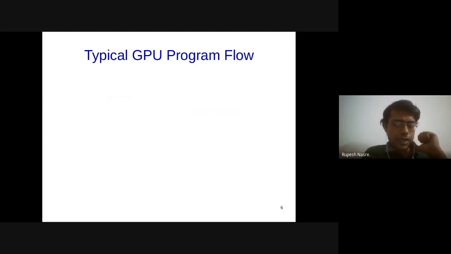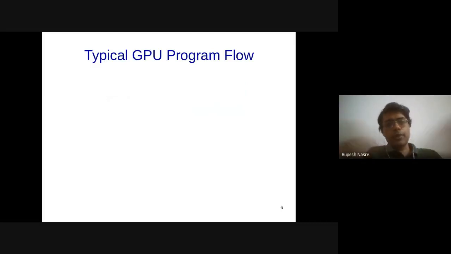Since many of us have not programmed GPUs before, it's important to understand how the typical program flow is going to be. The way we have talked about the GPU, it's a separate processor from your CPU, although it is part of the same machine.